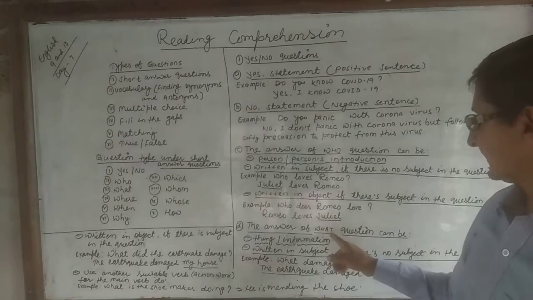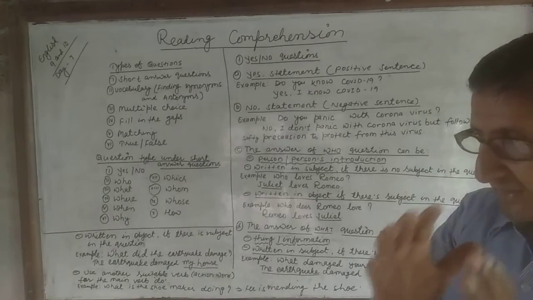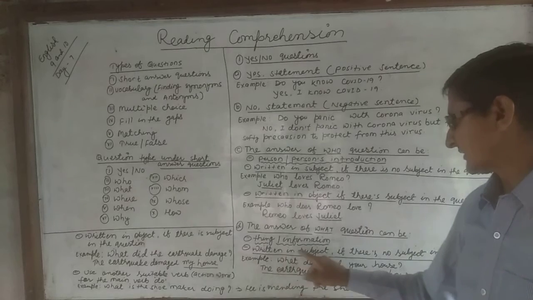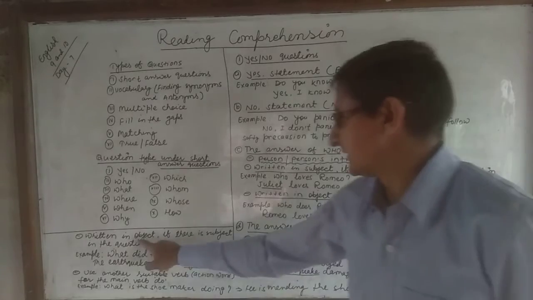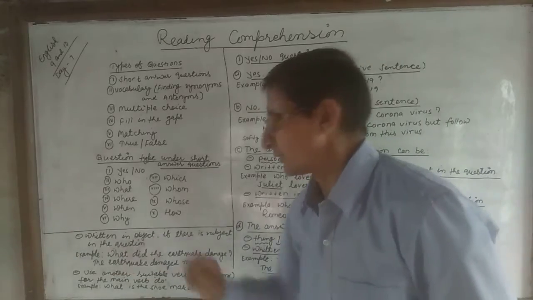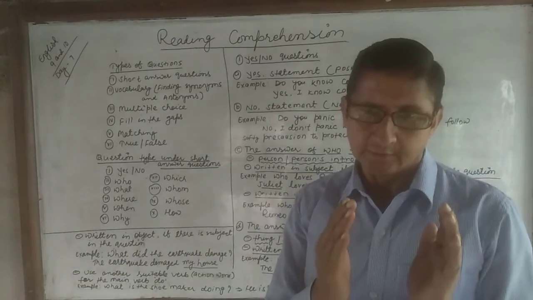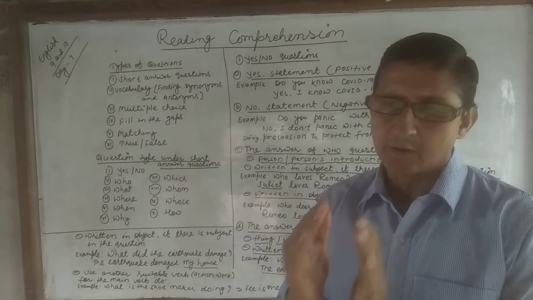While writing the answer of a what question, you have to write down the thing or information. This is also written in the subject if there is no subject in the question, and written in object if there is a subject in the question. You are clear about what a subject question is and what an object question is. Okay?